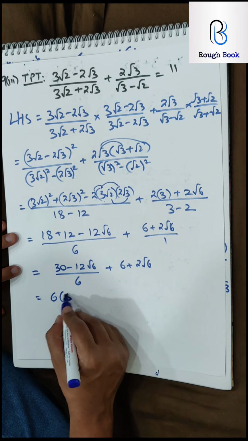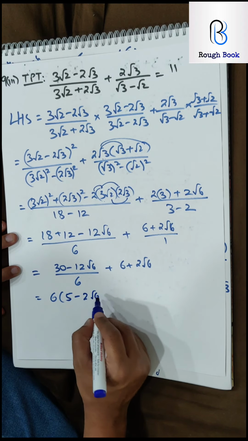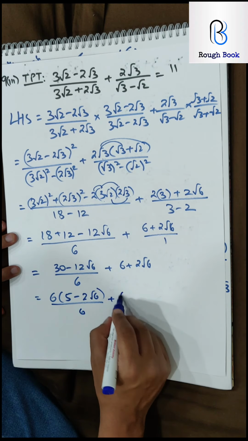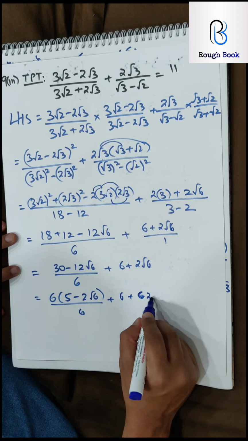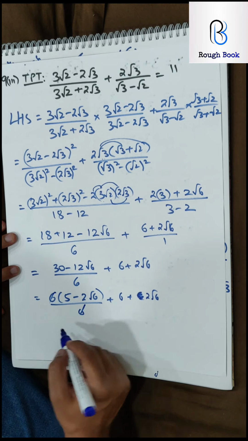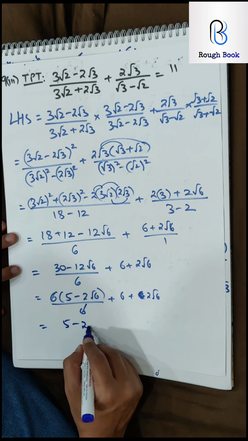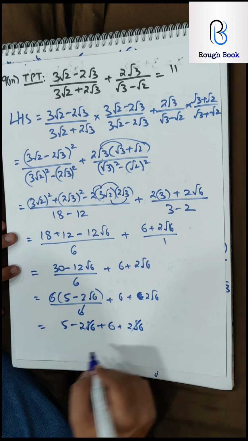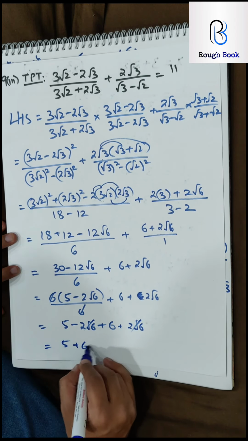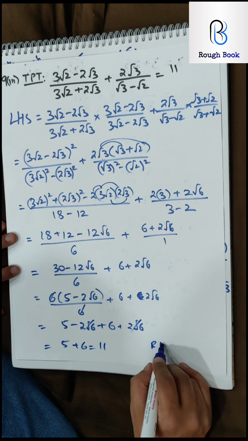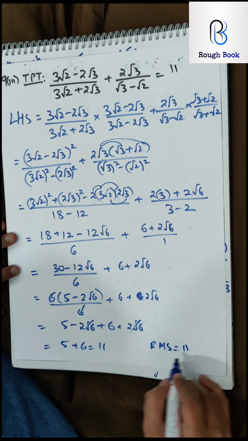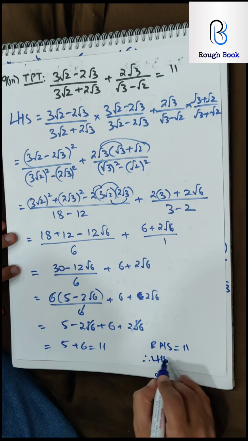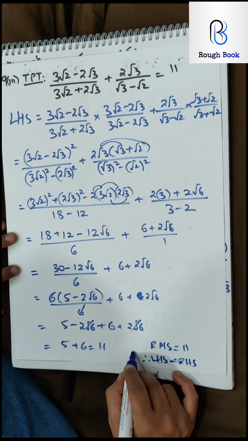So 6 5s are 30, 6 2s are 12 upon 6. This gets cancelled. So 5 minus 2 root 6 plus 6 plus 2 root 6. So this gets cancelled. Finally 5 plus 6, 11. RHS, please mention it is 11, and therefore LHS equals RHS.